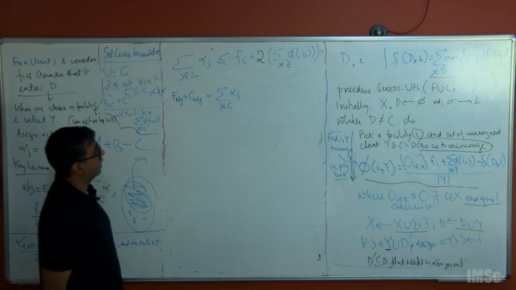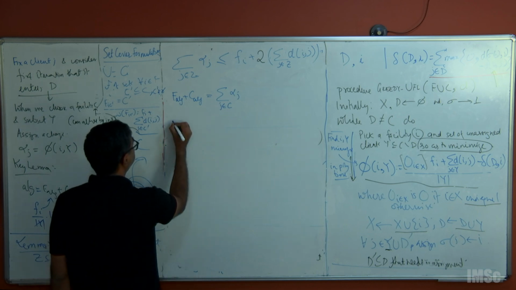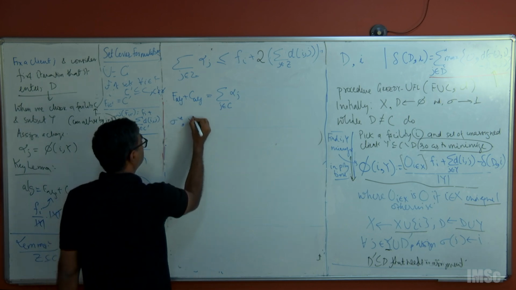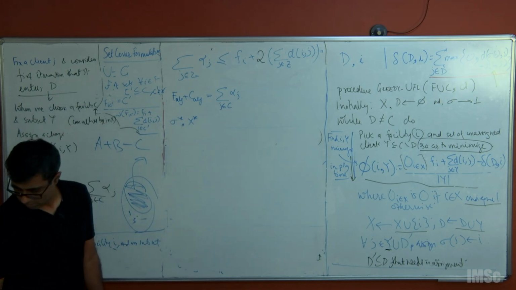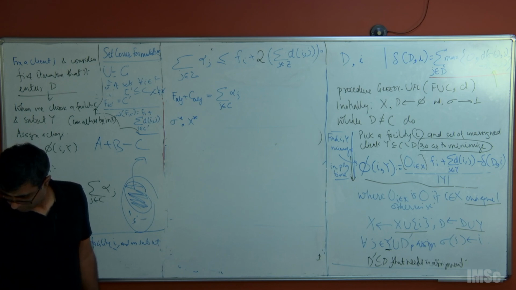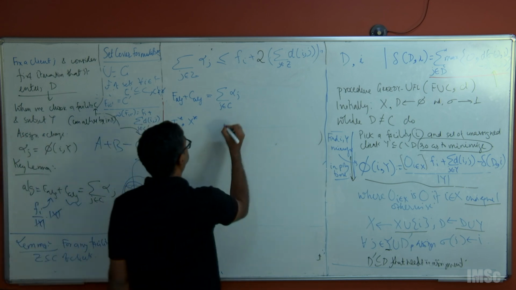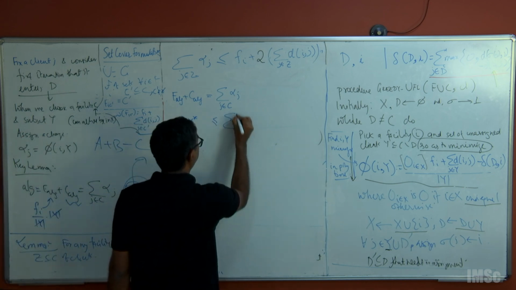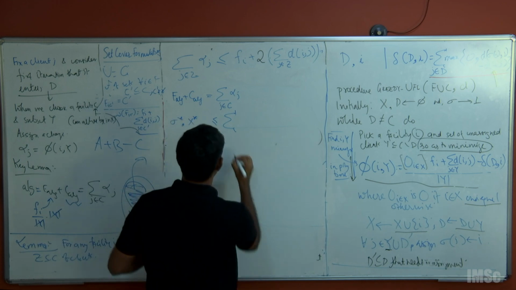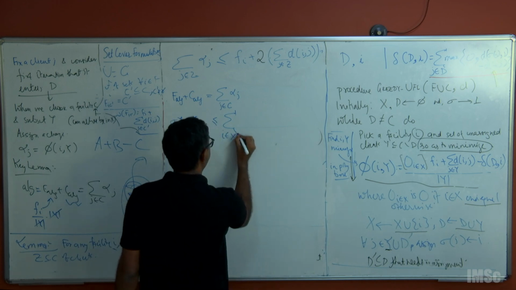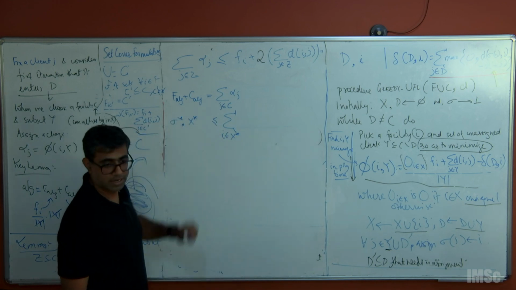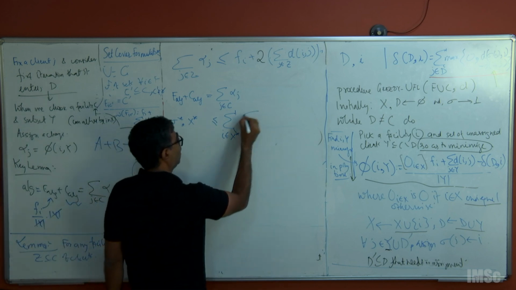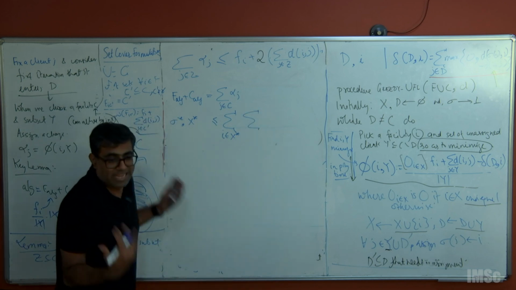Now remember we had this sigma star and x star. So I say this is less than or equal to the summation over I in x star. So I am considering particular sets.